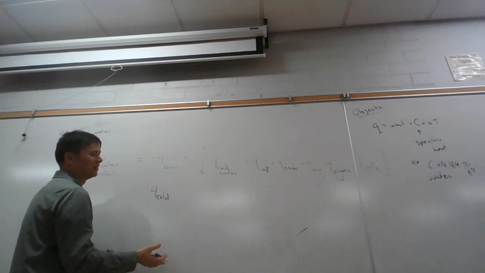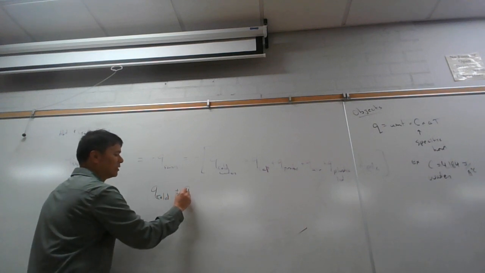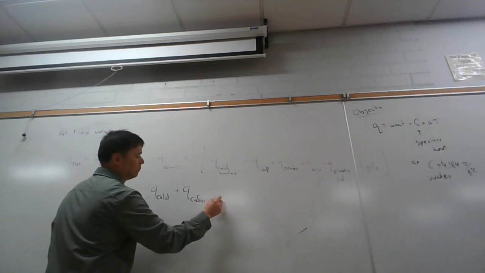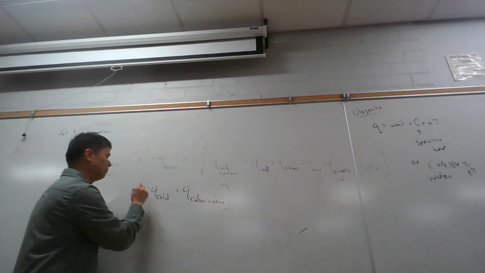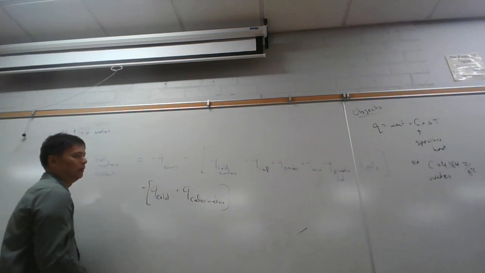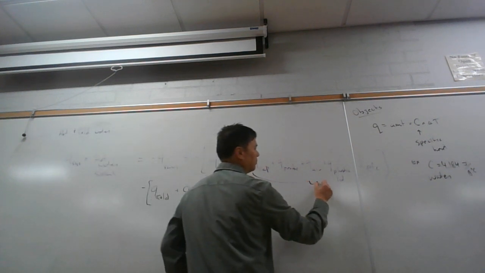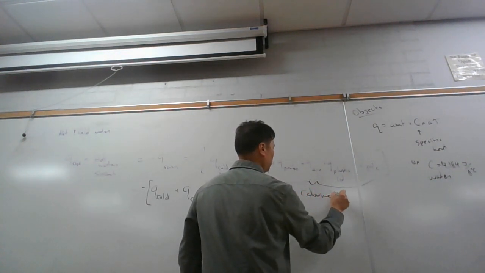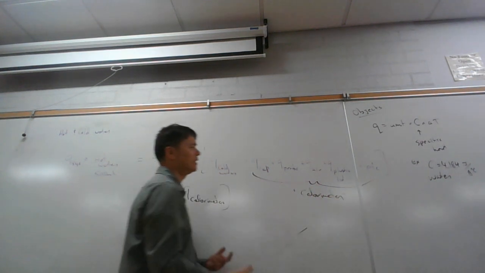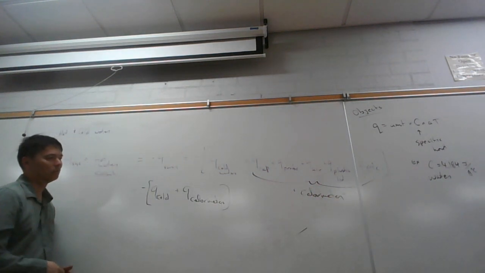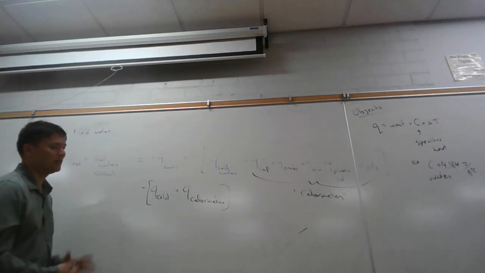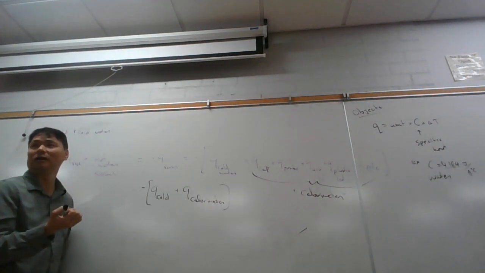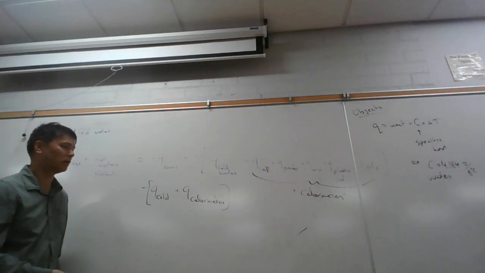And then everything else, in this case, we're going to call the calorimeter. A calorimeter is just some insulated container. If it were perfectly insulated, then the Q of the calorimeter, the heat absorbed by the calorimeter, would be 0. But it's not.